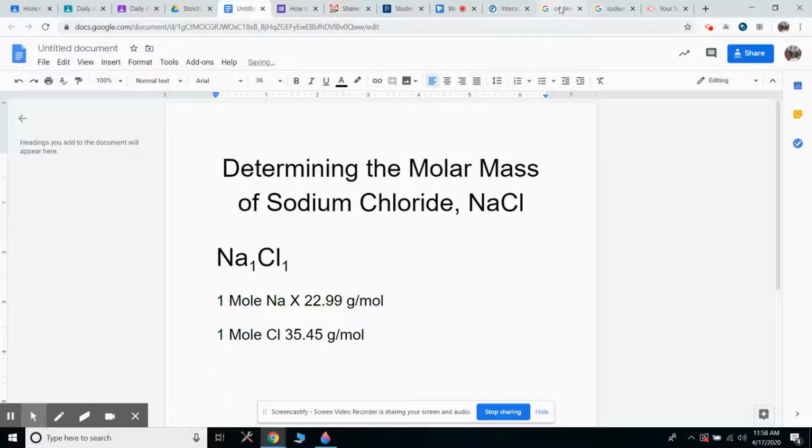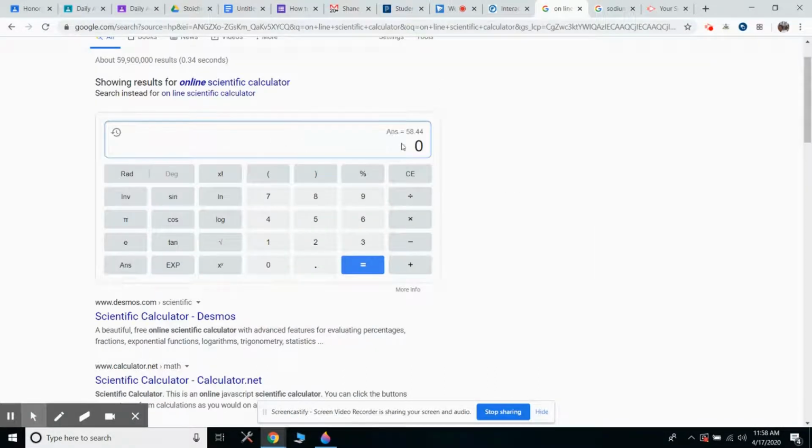Now I need to go to my scientific calculator. I just Googled and clicked on the first one that showed up. So I'm going to type in 22.99 plus 35.45. That gives me an answer of 58.44.